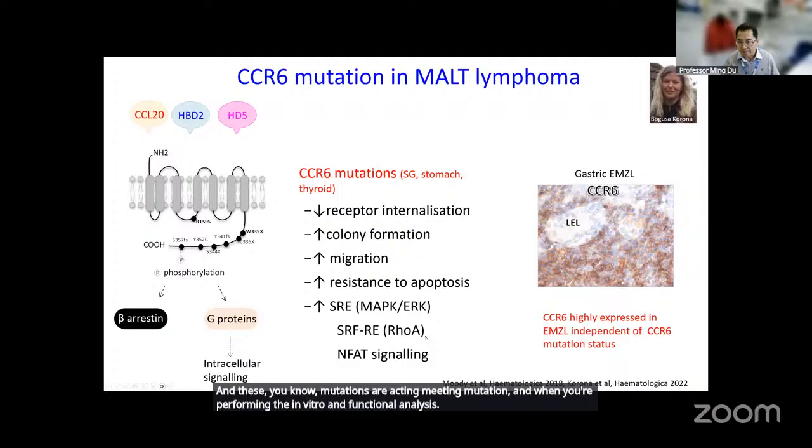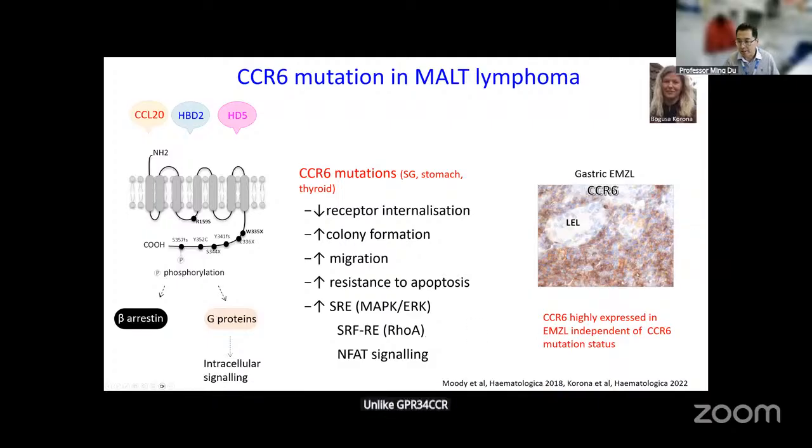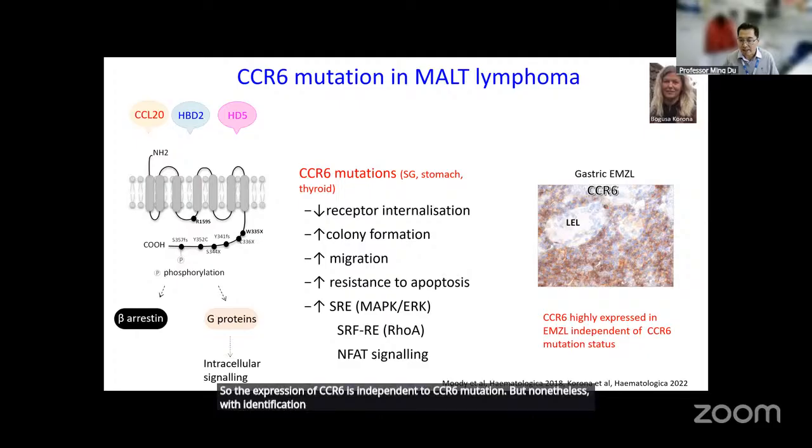Unlike GPR34, CCR6 appears highly expressed in most MALT lymphoma, so the expression of CCR6 is independent of CCR6 mutation. But nonetheless, the identification of CCR6 mutation indicates CCR6 signaling is important for MALT lymphoma pathogenesis.